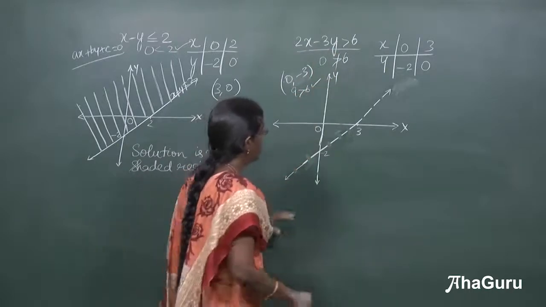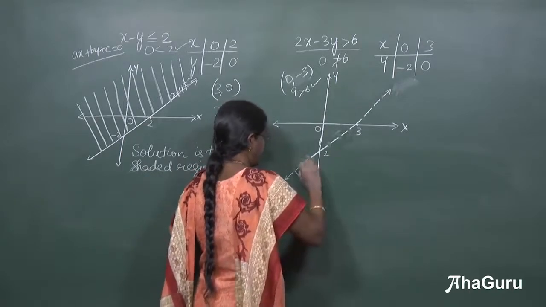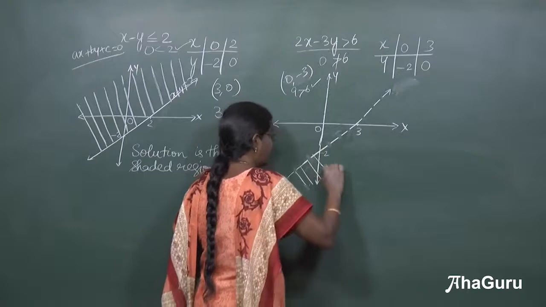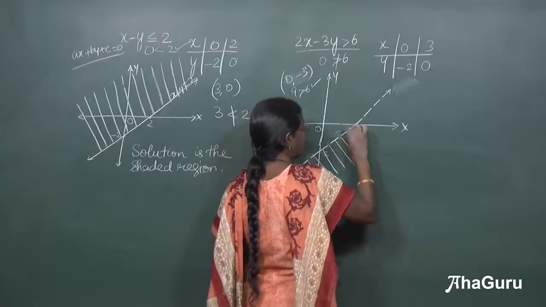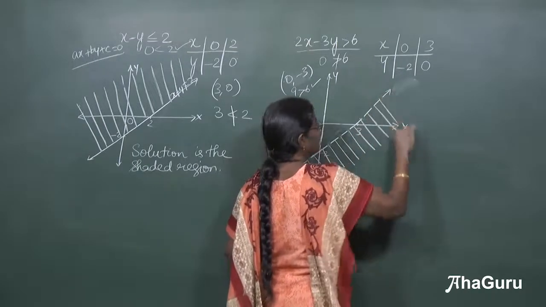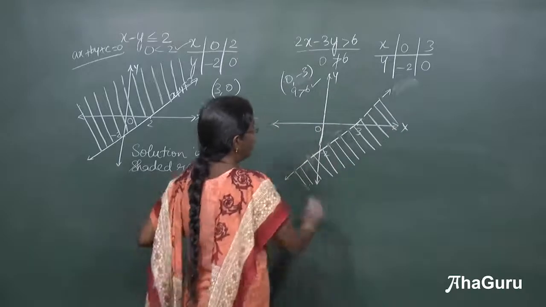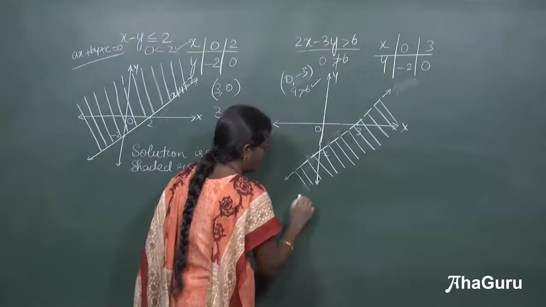So the region now will be, just shade below this line, use only a scale and pencil and shade it neatly. Whatever scale you have taken should also be written on top.